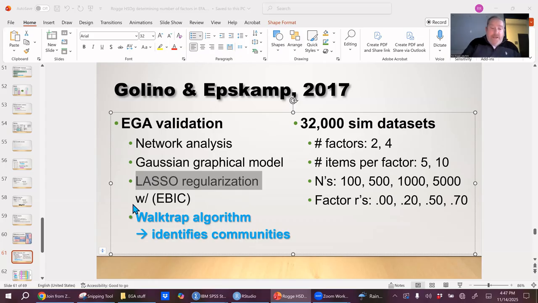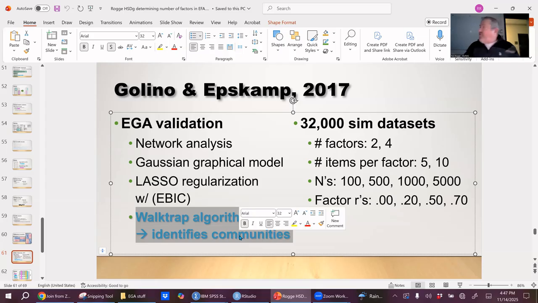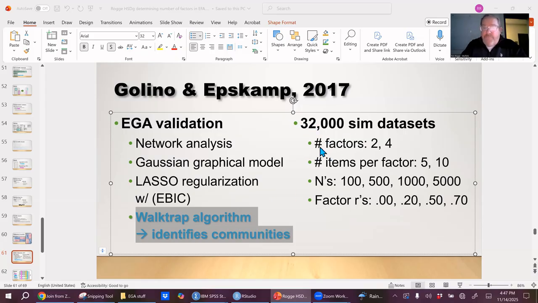The unique thing about EGA is that you use a walktrap algorithm that's looking for clusters, strong, tight clusters of nodes, of variables. That makes it more like a factor analysis. And to validate it, they made 32,000 simulated data sets where they varied the number of factors, 2 or 4.